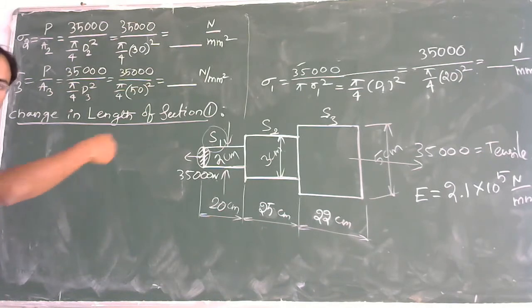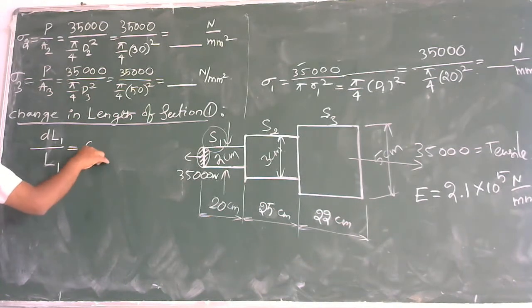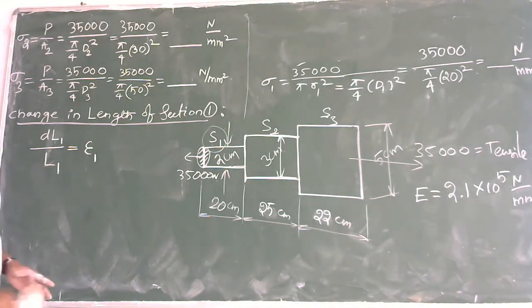Similarly, we will have section 2 and section 3. So how do we get that expression? Change in length in section 1 is dl1. Change in length by original length we call strain.